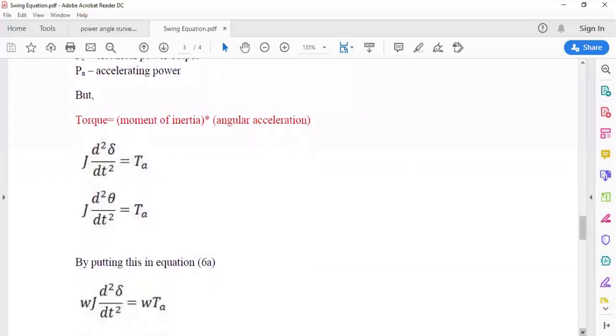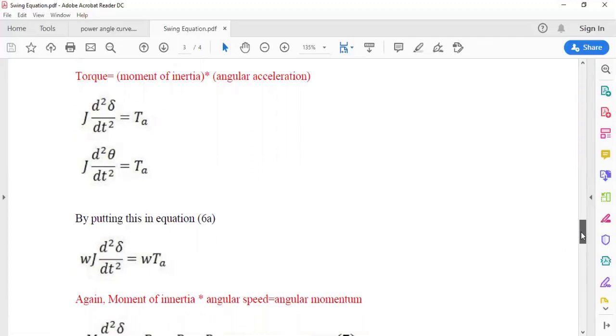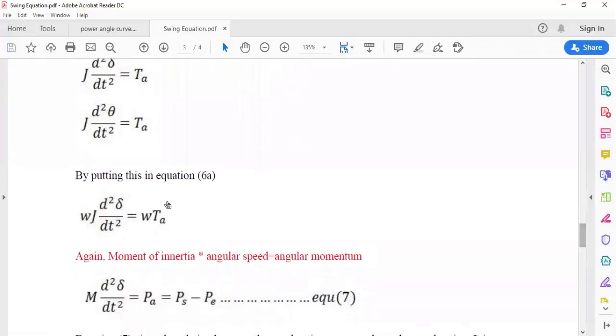Omega into J into this is equal to omega into T. So power is omega into torque, and this side J into omega. J omega is the angular momentum. So this term can be written as angular momentum M, and this is accelerating power. So accelerating power is mechanical minus electrical. So this is the equation which is your swing equation.